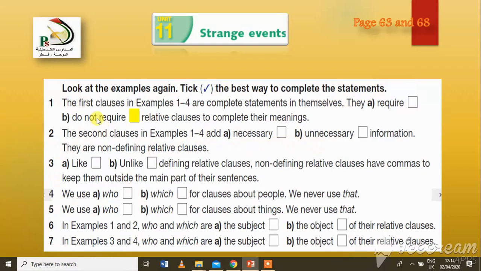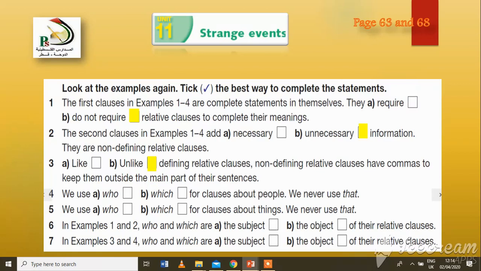Very, very easy. If we do not require them, it means they are unnecessary. Number 3. Like defining relative clauses or unlike defining relative clauses, non-defining relative clauses have commas to keep them outside the main part of their sentence. Is it like or unlike? Of course, unlike.